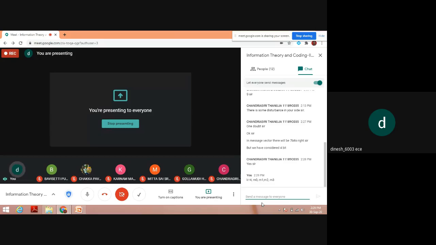No, the assumption that you're saying, message vector will be 7 bits. No, it's not message vector, it is your code vector. Code vector is equal to 7, which is n.